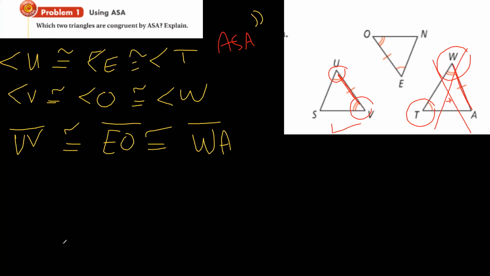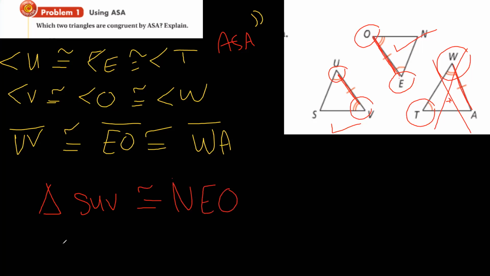Now look at the third triangle here. I have angle O and I have angle E. And where's my side? Is my side between angle O and angle E? Yes, it is between them. So because of that, I can say that triangle SUV is congruent to triangle NEO.